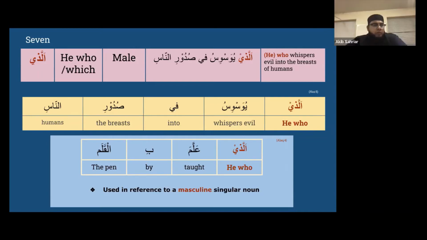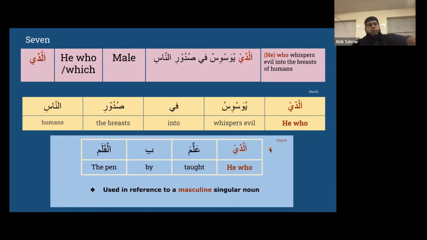Okay, inshallah. So alladhi, or the other words allati, alladina, they're all one word. They're not a compound word where al is separate and the noun is separate. For nouns, qalam means pen, any pen.